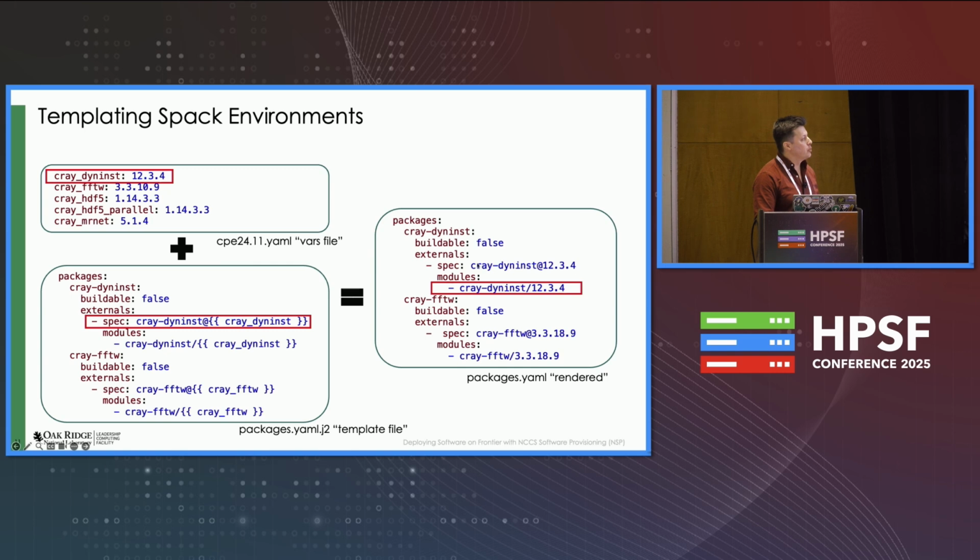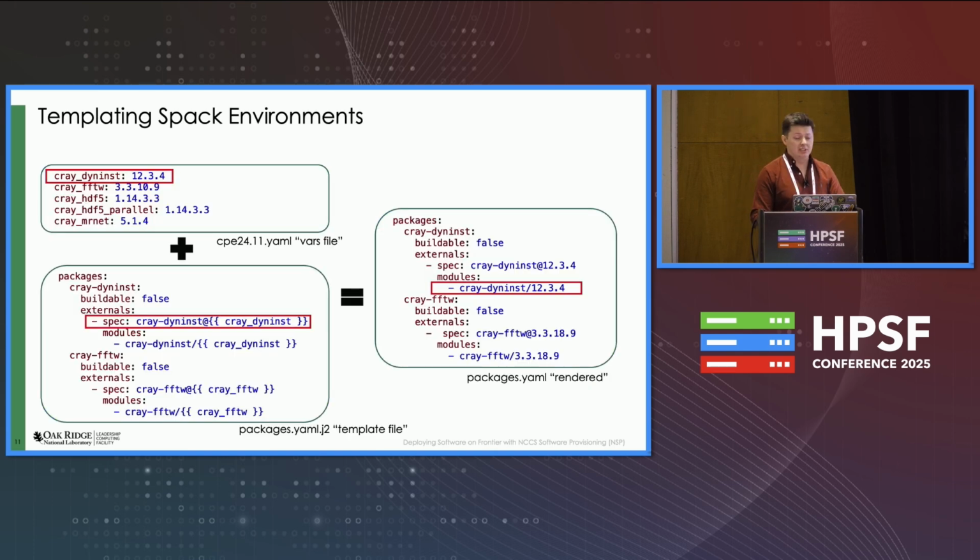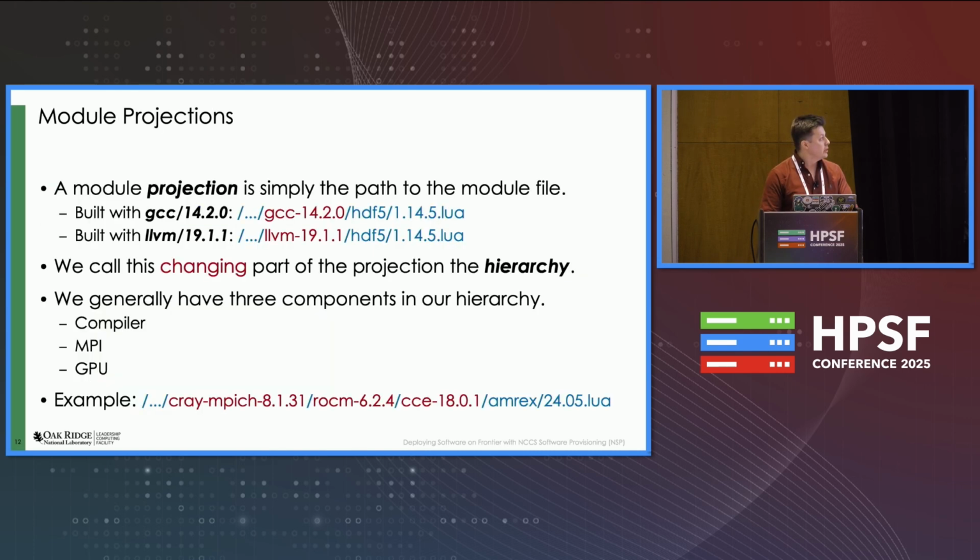The rendered product will be the configuration file that you need for a particular environment. Since you already saw this structure, they are completely independent. So you're not having cross-compiling issues, or when you're concretizing some compilers mixed with the other one, they are completely separated. The only thing that actually joins them is the place where you install the modules.